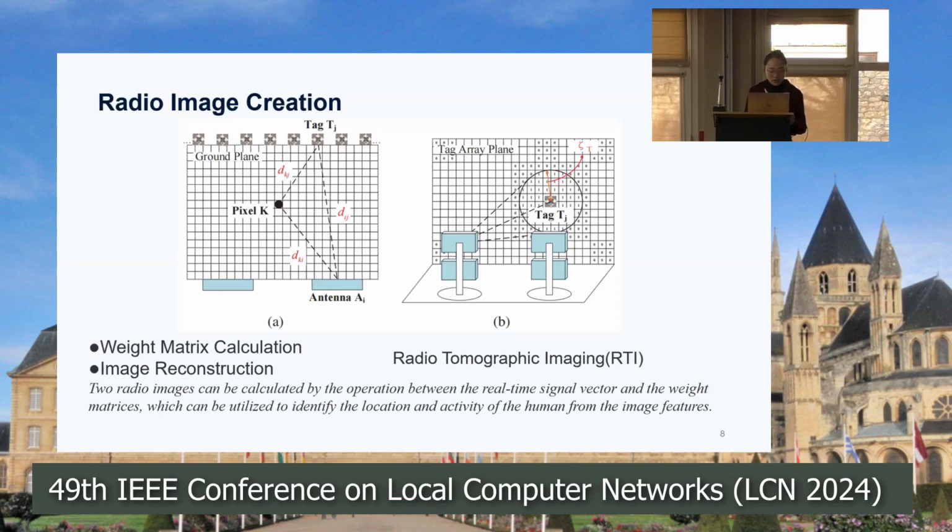In response to the different needs for localization and activity recognition, the ground plane and the tag array plane are first divided into pixels of the same size, and the weight matrices are calculated respectively, as shown in the above two figures. Then two radio images can be calculated by the operation between the real-time signal vector and the weight matrix, which can be used to identify the location and activity of the human from the image features.